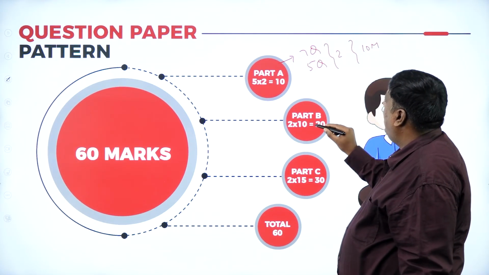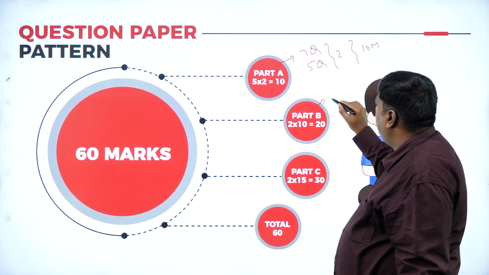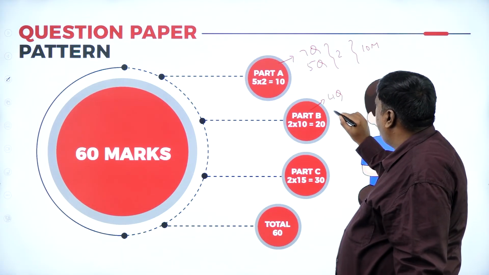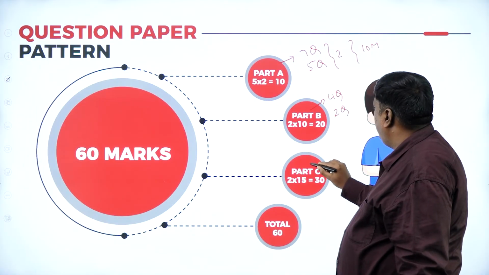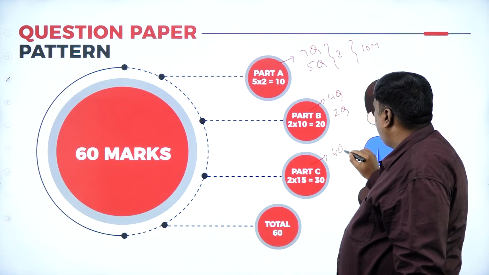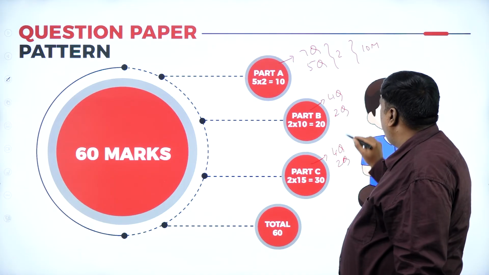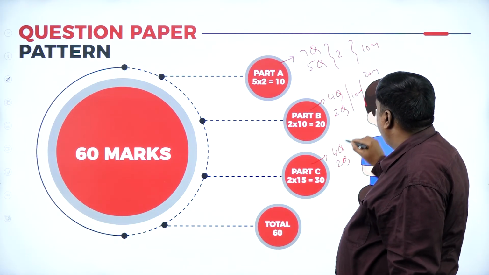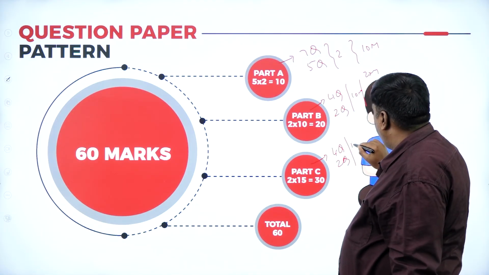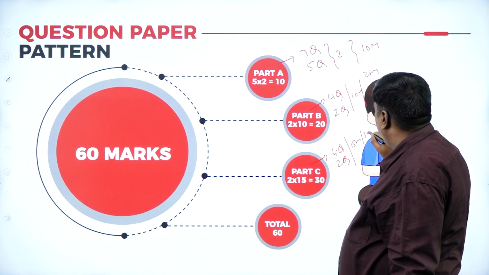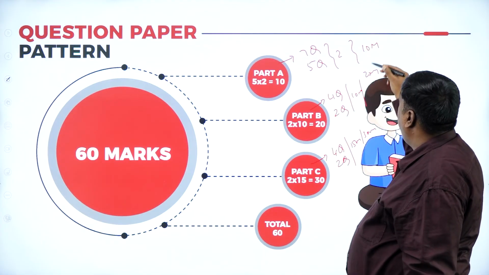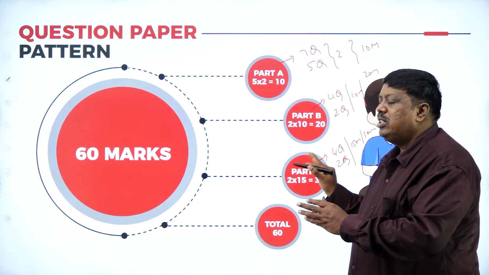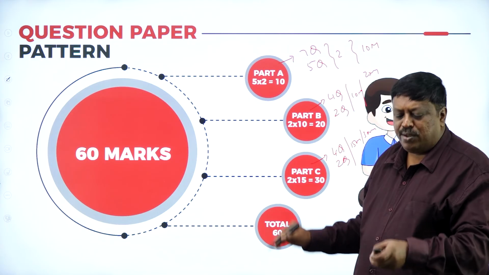In part B, they're going to ask 4 questions of which you have to write 2 questions, 10 marks each, so it will be 20 marks. In part C, they ask 4 questions, of which you write 2 questions, 15 marks each, so it will be 30 marks. So 30 plus 20 is 50, plus 10, 60. This is the exam pattern we have for the examination.